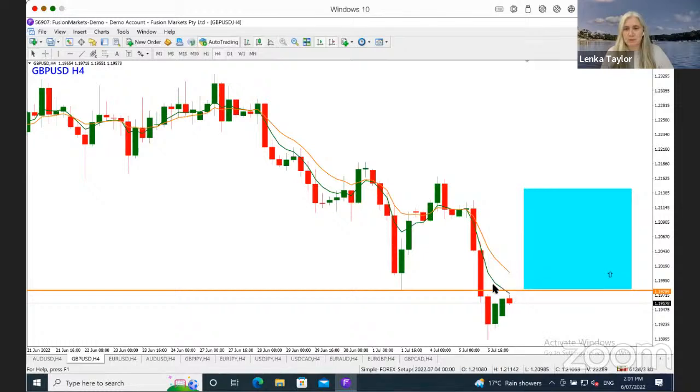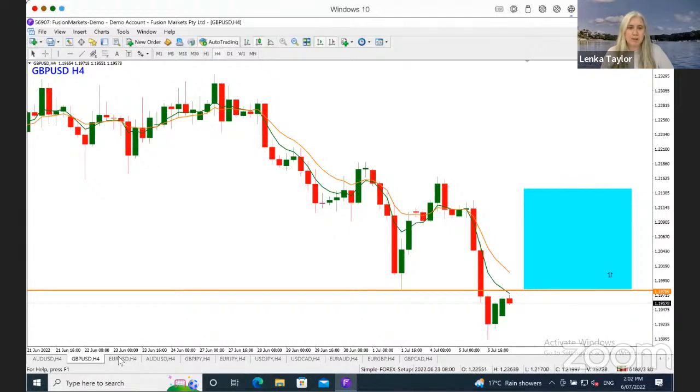So at the moment, let's just see where that price is going to go. It's sort of right near that previous support, so we need some confirmation which way it is going to move.